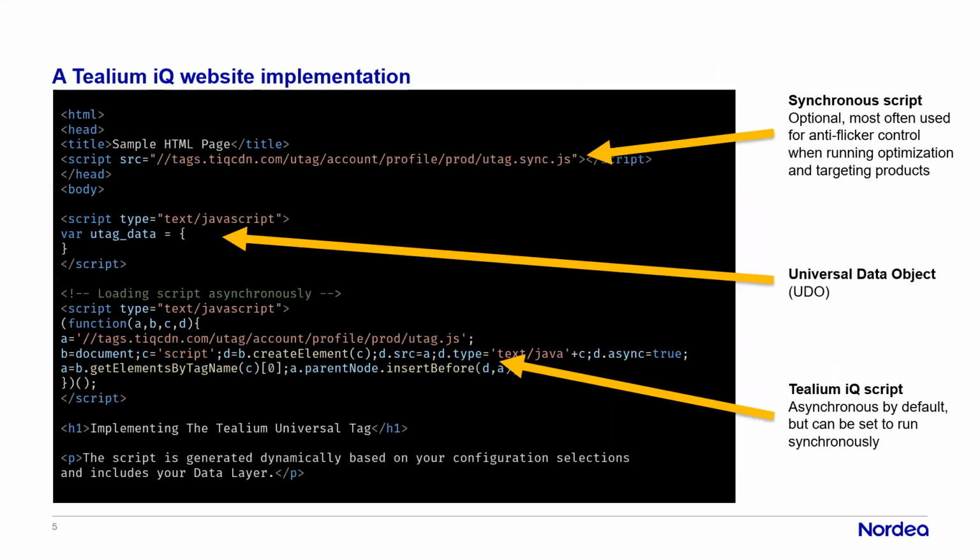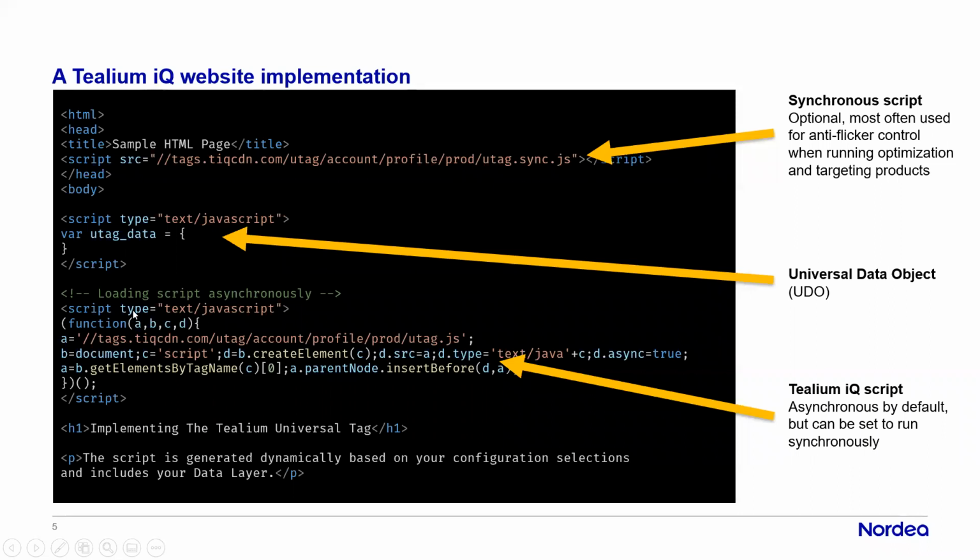And with that comment, I'm jumping directly into an example of an implementation on a generic website. So here I have a mock-up HTML with Tealium put in. What's the key here is this part.